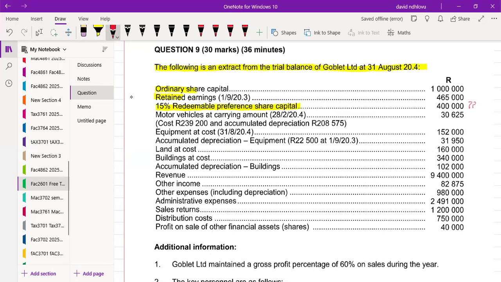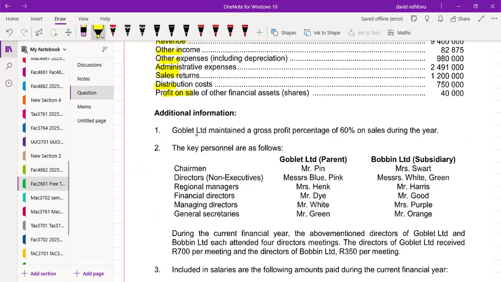Very important information is to be derived from there. Motor vehicles at carrying amount, equipment, accumulated depreciation, land, buildings, your normal trial balance. Then we have revenue, other income, other expenses, admin, sales returns, distribution, and profit on the sale of financial assets. Then we have that Goblet maintained a gross profit percentage of 60% on the sales during the year.